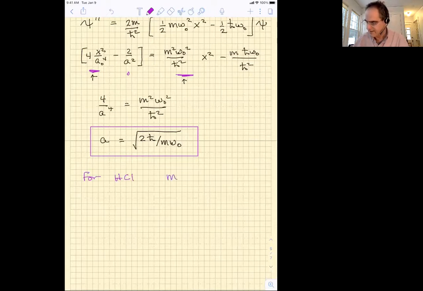Then m is approximately 35 over 36 times the mass of a hydrogen atom. And then omega naught is 2 pi times 8.66 times 10 to the 13 hertz. And now we can go ahead and turn the crank and figure out the result.